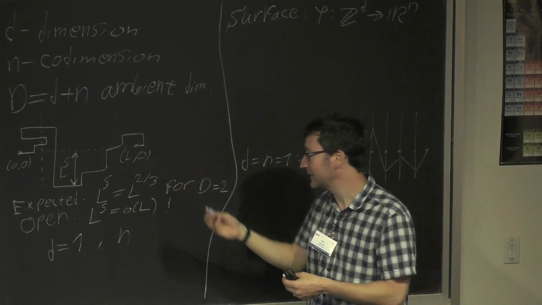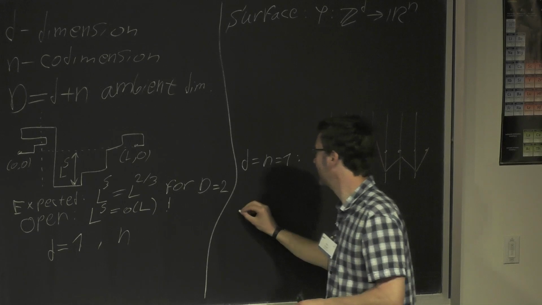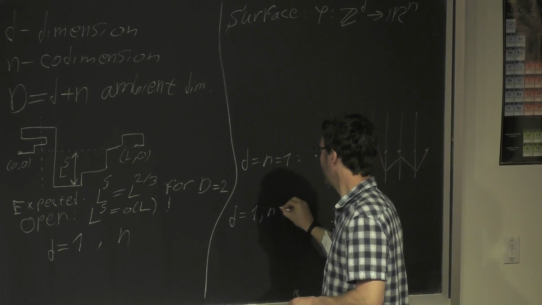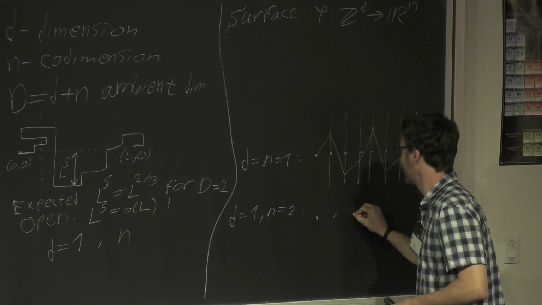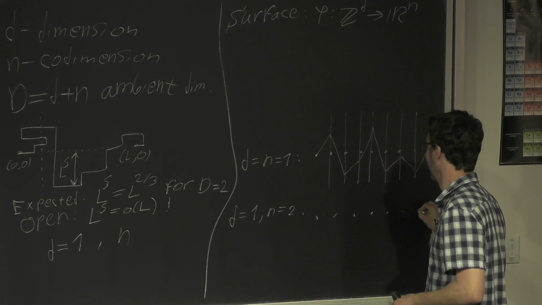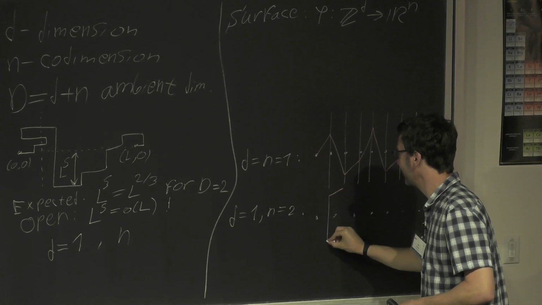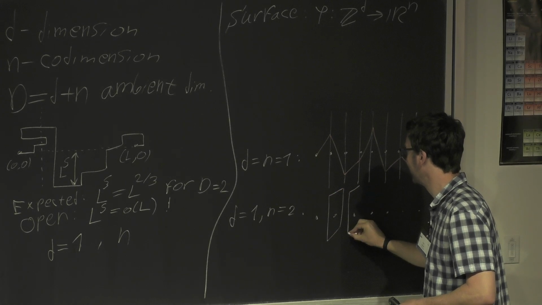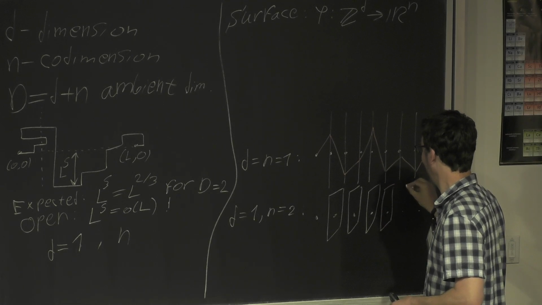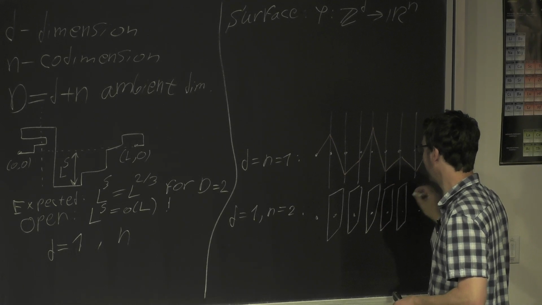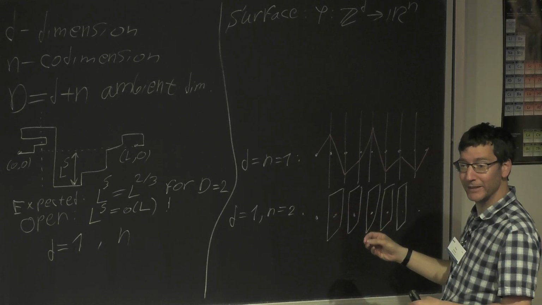Now suppose you wanted to do it in 3-dimensional space, so you took d equal 1 and n equal 2. The way this is structured is that you have the one-dimensional line, and at every vertex of the one-dimensional line, you have a plane. Your surface is going to choose a point on each of these planes.